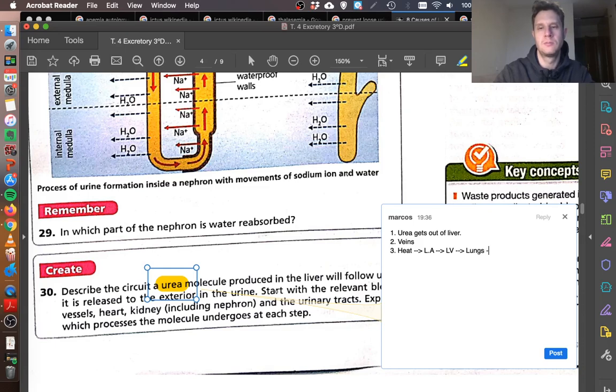Lungs, right atrium, and right ventricle.